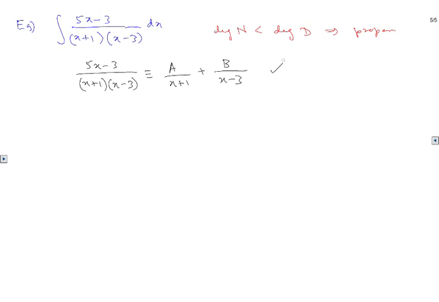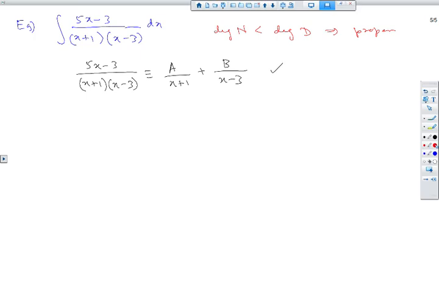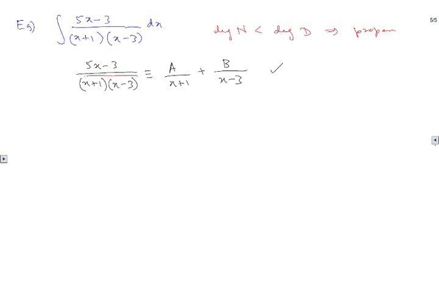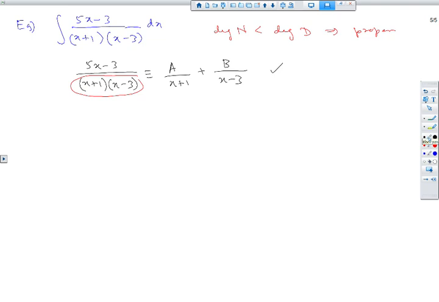Now we're going to discuss how the method works. We're going to multiply both sides by the common denominator term.